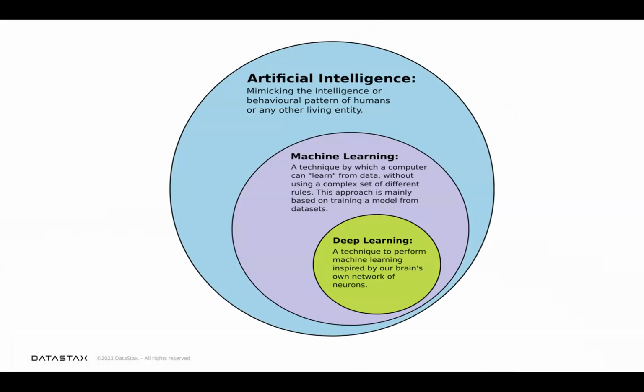Then it gets into machine learning, in which you're training the system. There's supervised, unsupervised and reinforcement learning, techniques you can use to train the machine to learn and to produce different results following some kind of complex rules, training the model from different data sets.